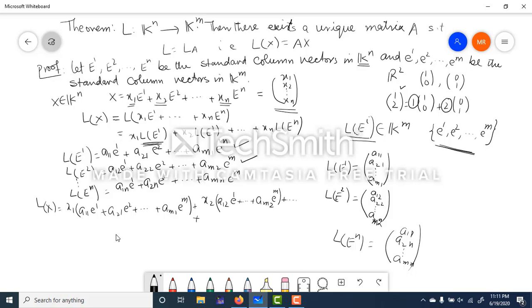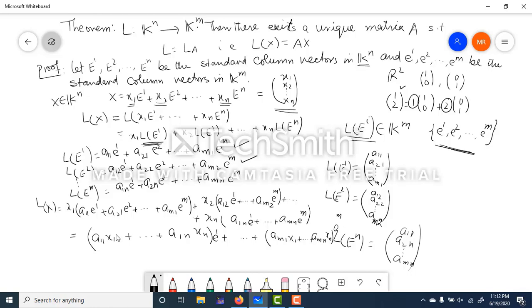The last one would be xn times a1n e1 and so on amn em, which can further be rearranged as (a11 x1 plus and so on a1n xn) times e1 plus and so on (am1 x1 plus and so on amn xn) times em.